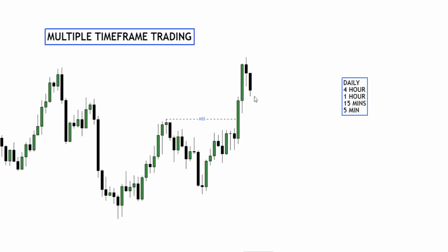The difference is that a break of structure enables the continuation of a trend, while a market structure shift indicates that a particular trend has changed direction. If we have an uptrend and all of a sudden we have it coming down, we have a shift in market structure.